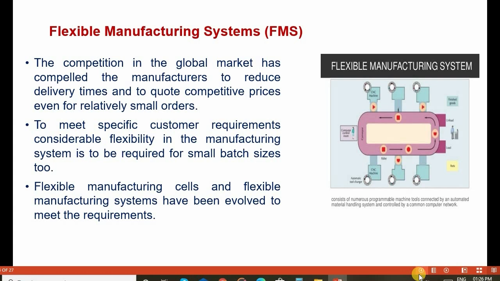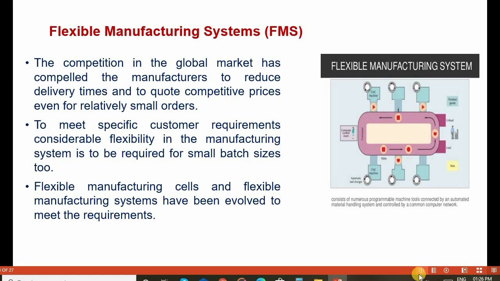The competition in the global market has compelled the manufacturers to reduce the delivery times and to offer competitive prices. So flexible manufacturing systems help manufacturers reduce the delivery times, as well as quote competitive prices according to the market strategy and market prices, even for a small order.